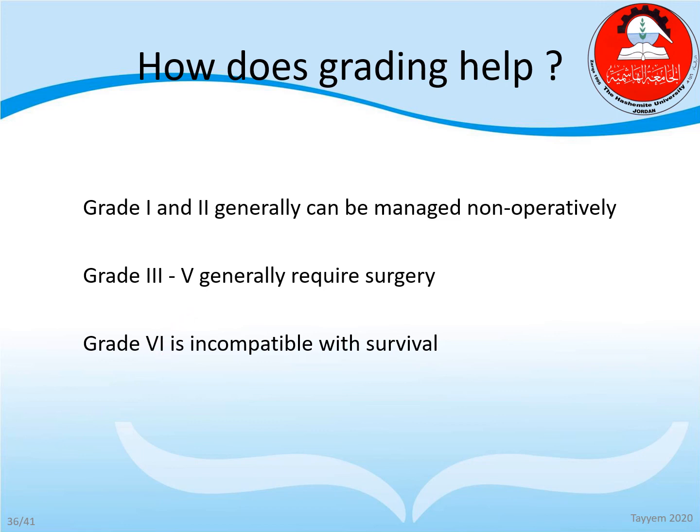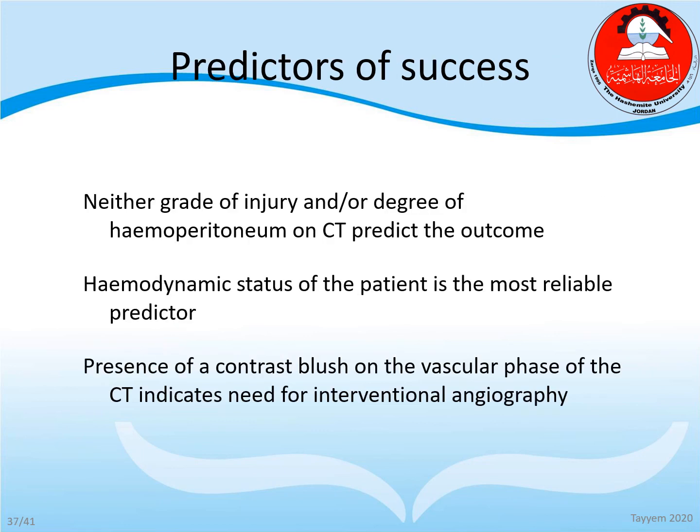Grade 6 is usually incompatible with life. The prognostic criteria mainly depend on the hemodynamic status of the patient. The grade or degree of hemoperitoneum or the CT scan finding usually does not predict the prognosis.